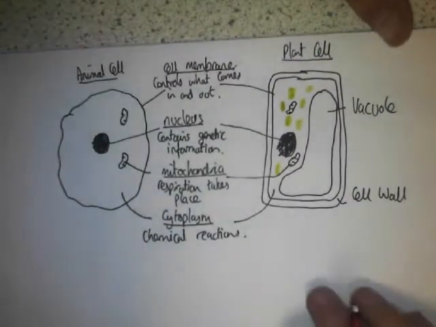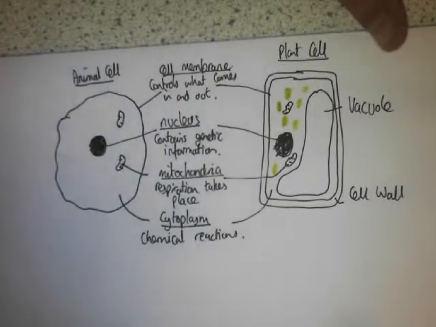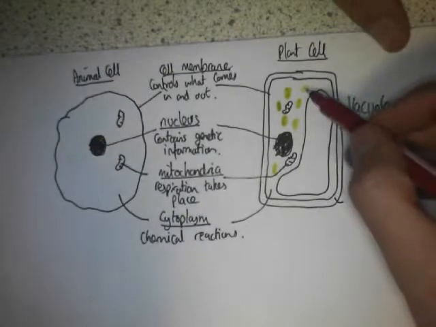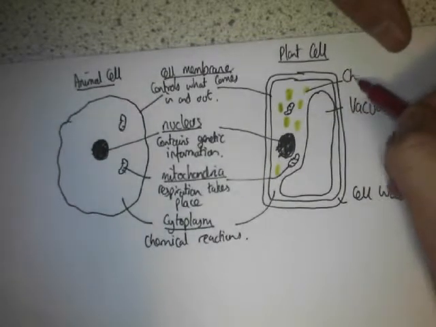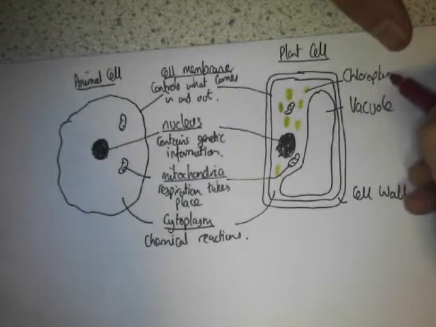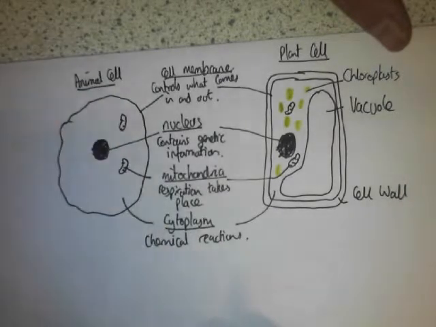So they've both got cell membranes. Oh, let me move that over. Both got cell membranes, but only a plant cell has a cell wall. And of course, these green things are chloroplasts. Start like that.